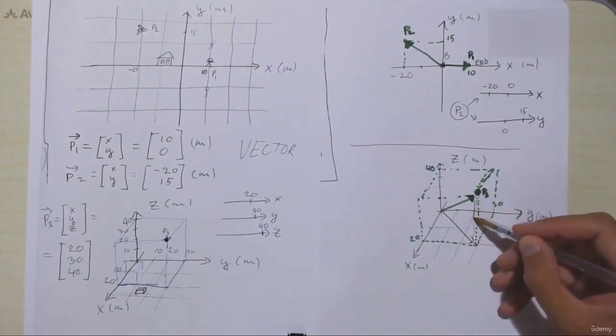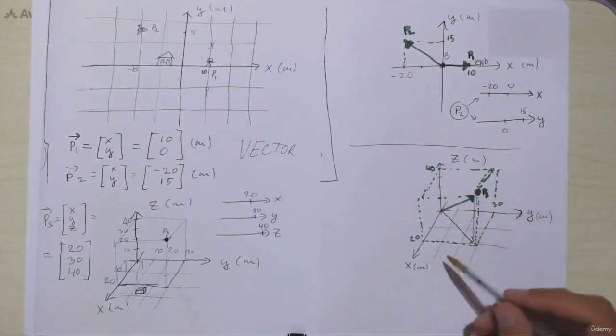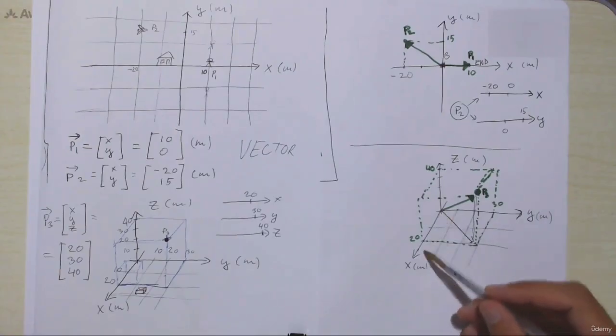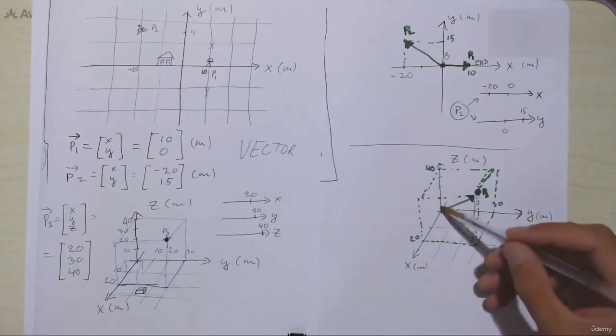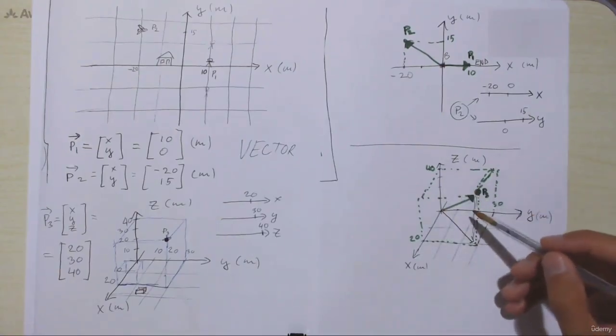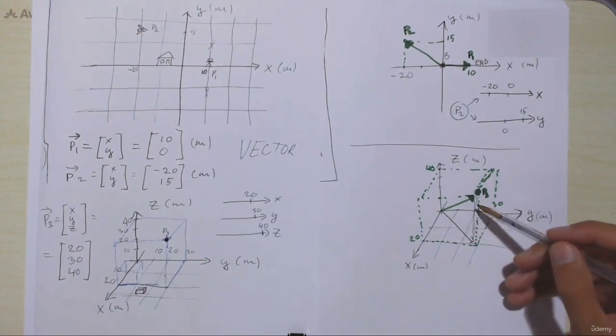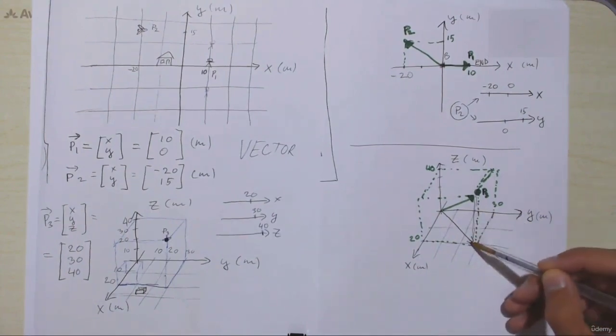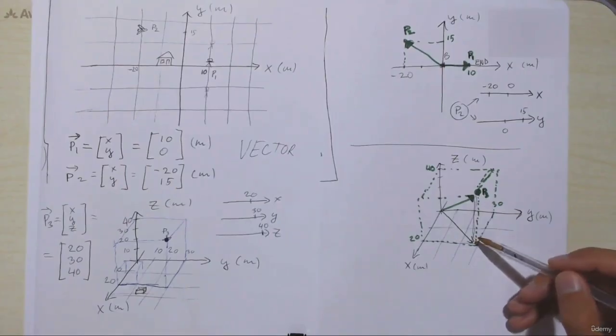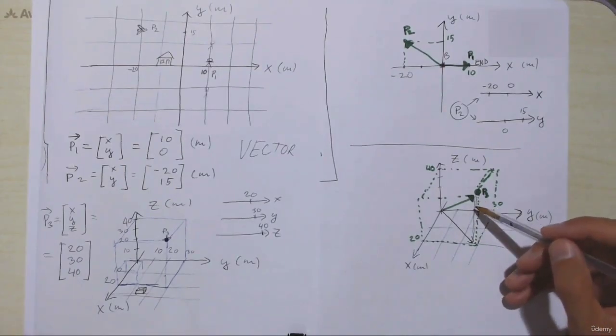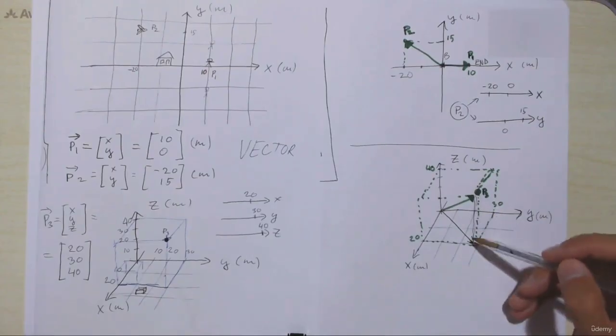So I start from here. I have information about 3 dimensions. I have x, and then I have y, and then I have z. Projecting a vector means that I lose information about 1 dimension and I only see this vector in 2 dimensions.